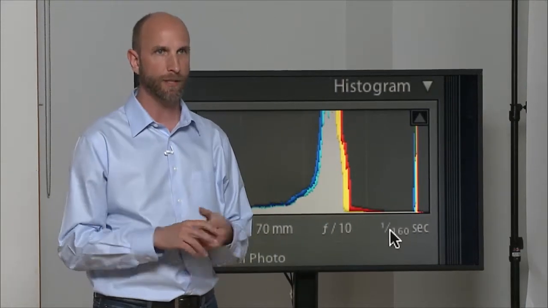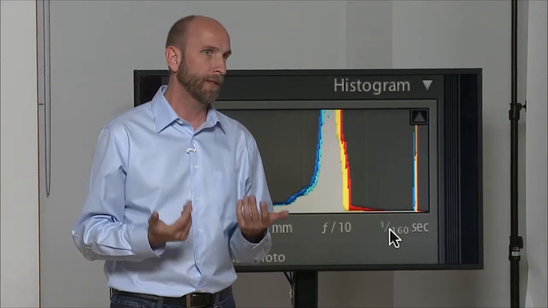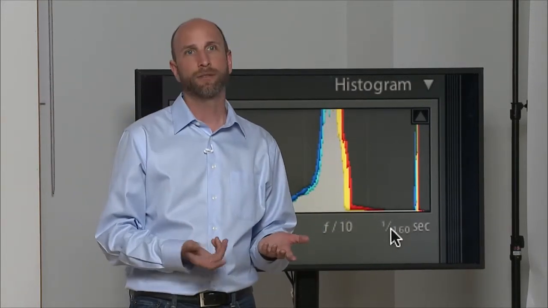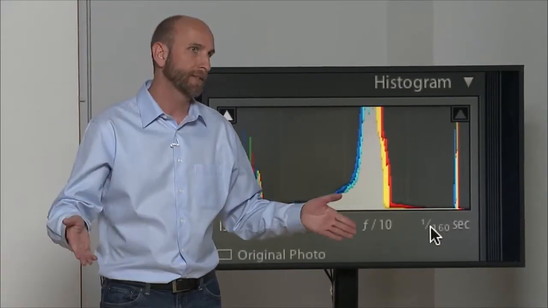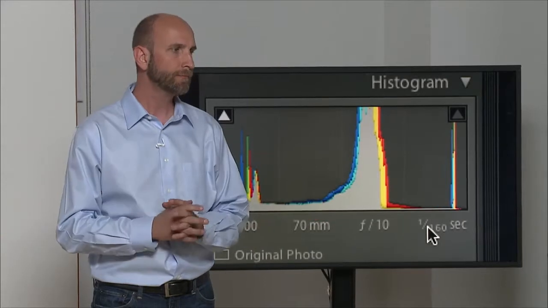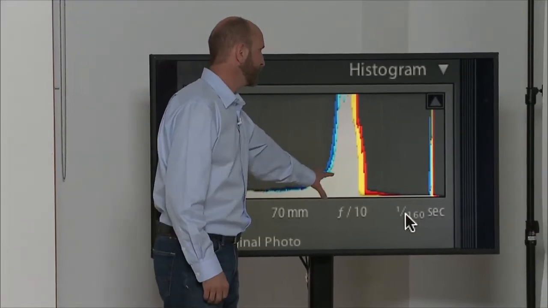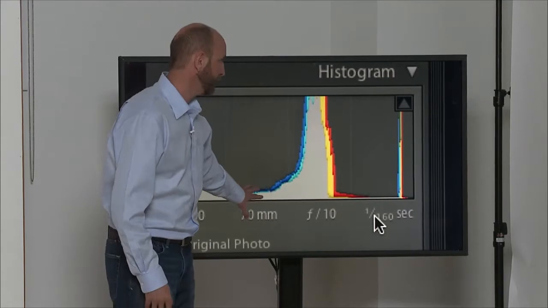Some people tend to think that there's a good histogram and a bad histogram. There isn't. A histogram is a measurement of the values in our image, just like a thermometer measures temperature, or a tape measure measures distance. It's just a measurement tool. This can be a bad histogram, for example, if we were shooting a polar bear in white snow, and this was the histogram that showed up.